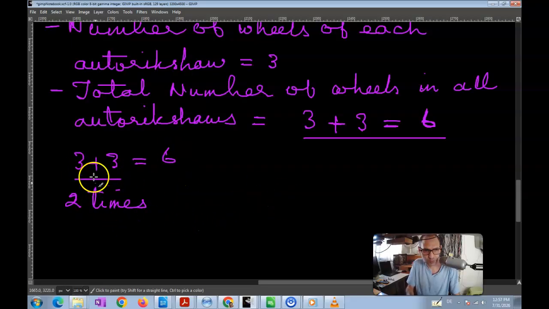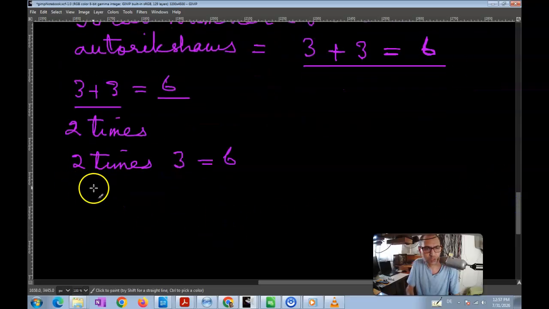So instead of writing 3 plus 3, 2 times, I can write 2 times 3. 2 times 3 is equal to the same number, 6. And then we can change our notation and say that 2 × 3 is equal to 6, and that becomes our new expression in terms of multiplication, right?